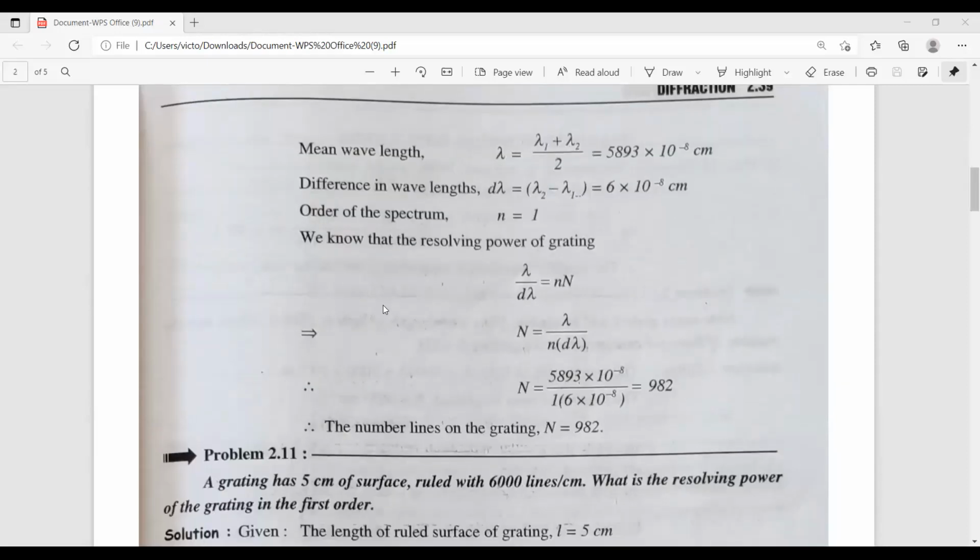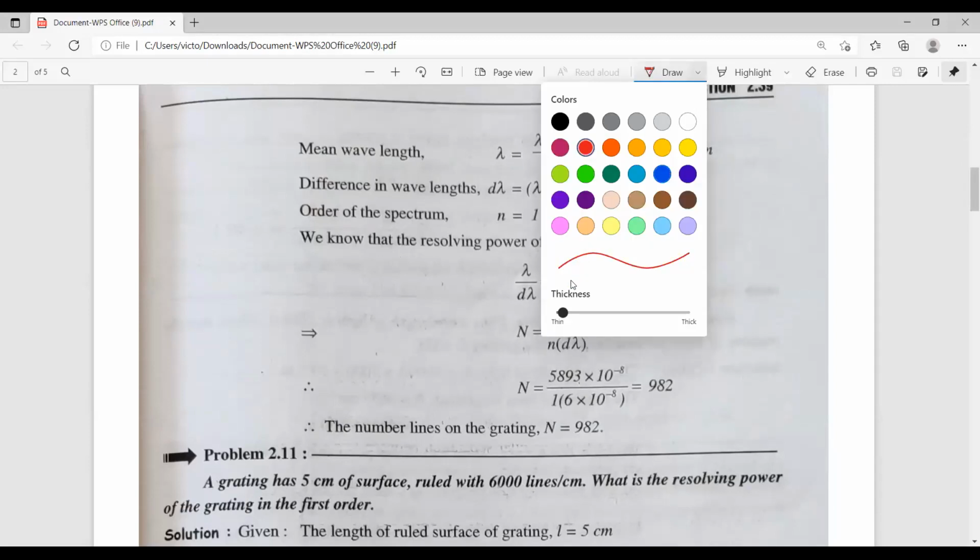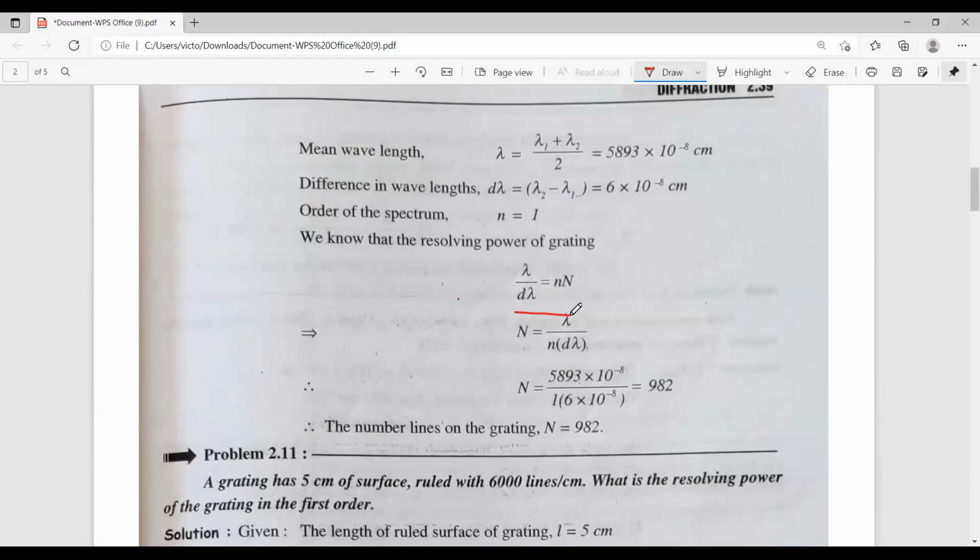So the resolving power of grating expression is lambda by d lambda is equal to small n into capital N. Here, small n is the order of the spectrum, and capital N is the number of lines on the grating.